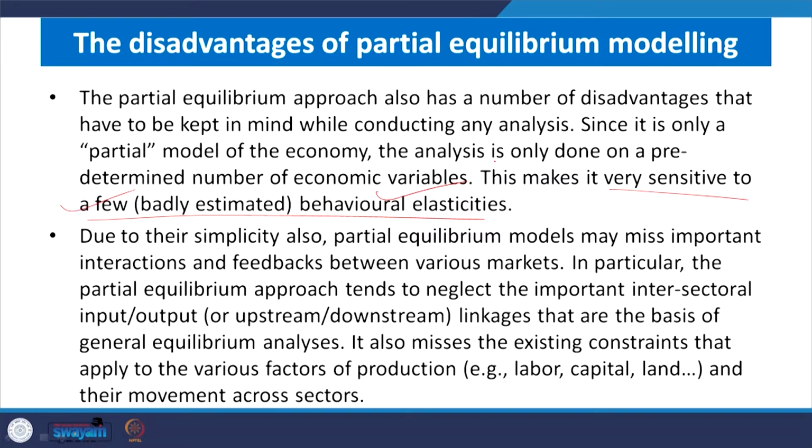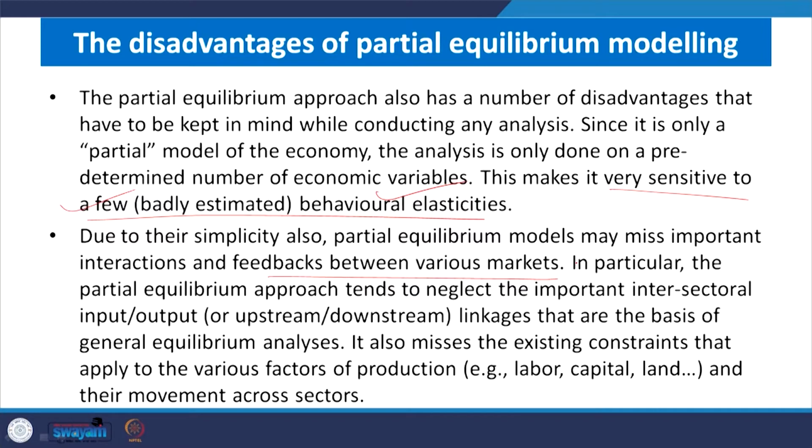Due to its simplicity, the partial equilibrium model may miss various important variables which have a large extent of interaction among them, basically feedbacks between various markets. In particular, the partial equilibrium approach tends to neglect the important interconnections among the variables, especially upstream and downstream variables.